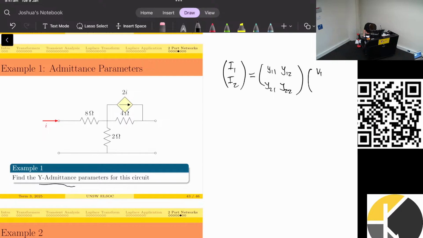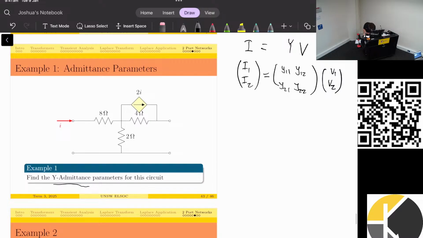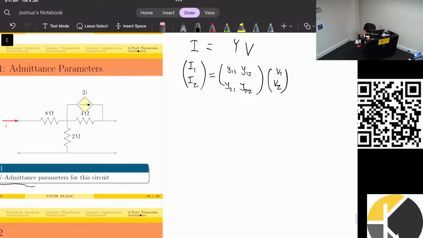But in this case, we can figure out what the ratios are just by writing the matrix equation, which you guys might remember from just the definition of admittance. And then you can expand it out to figure out what each thing is.